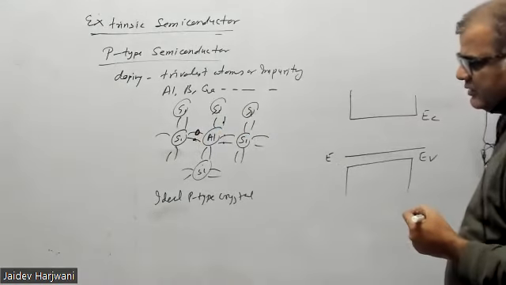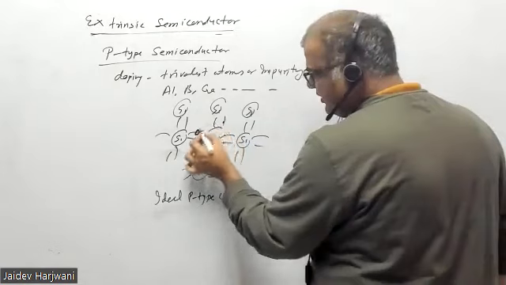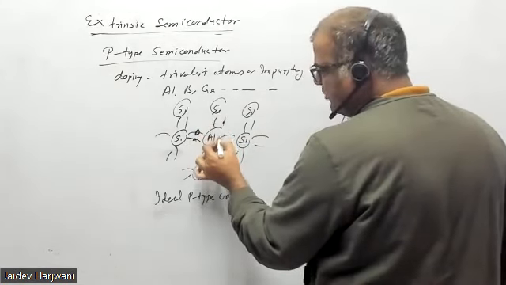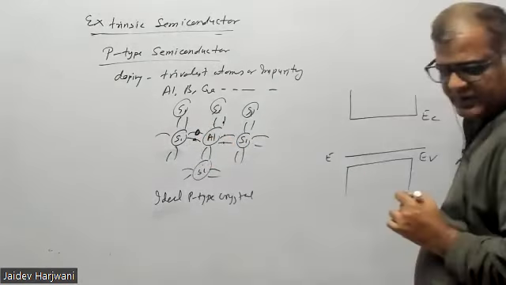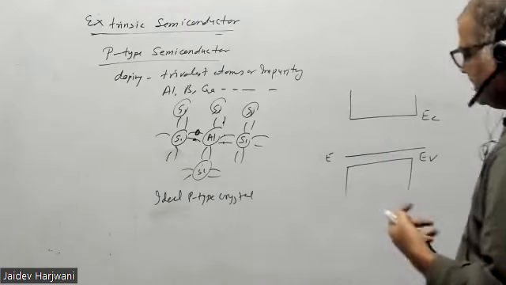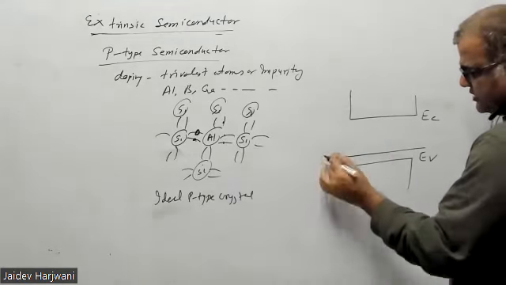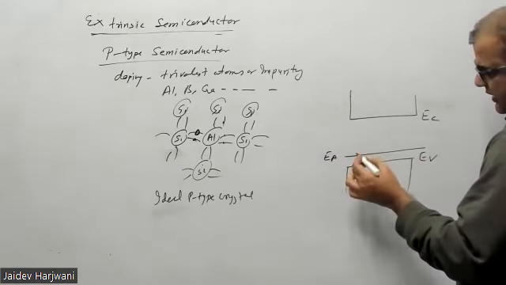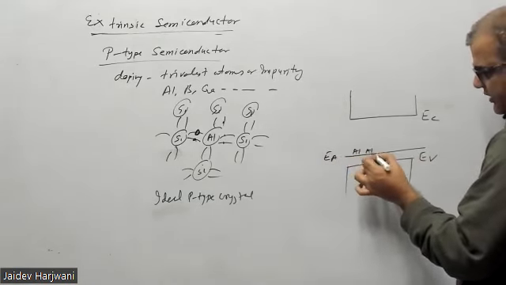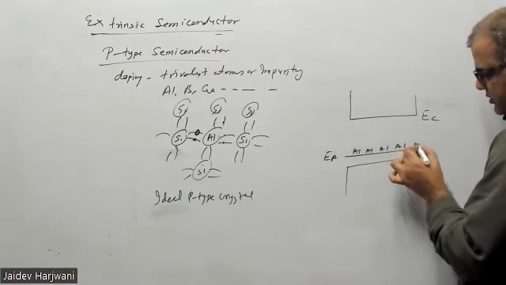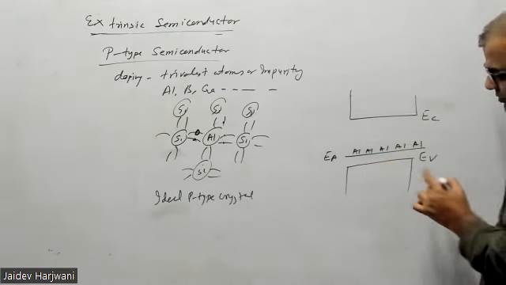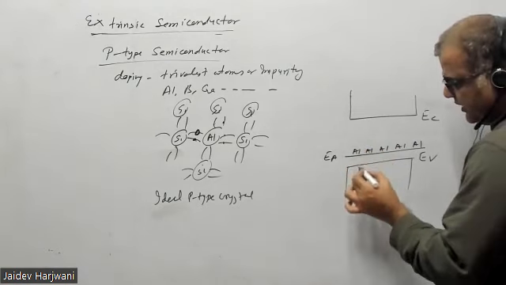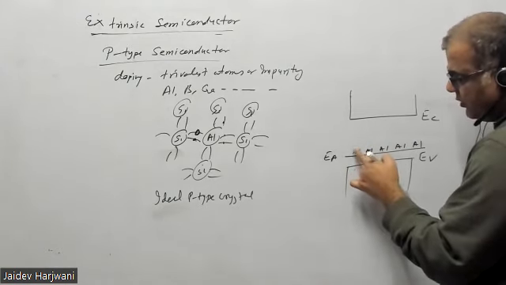Now suppose one electron moves from here to here. So this aluminum will become negatively charged, because it has a vacancy and can accept. So this is the energy level of acceptor, which is very close to the top of the valence band. Say aluminum atoms are sitting very close to here. Because they have one hole here, now an electron can go here.